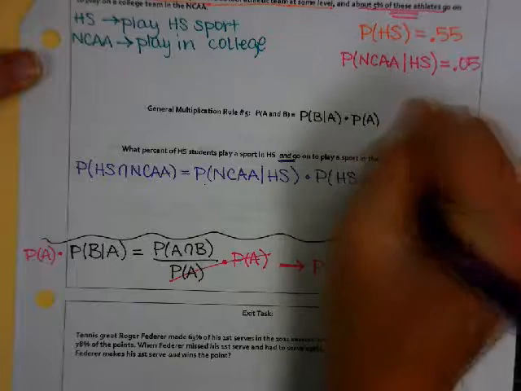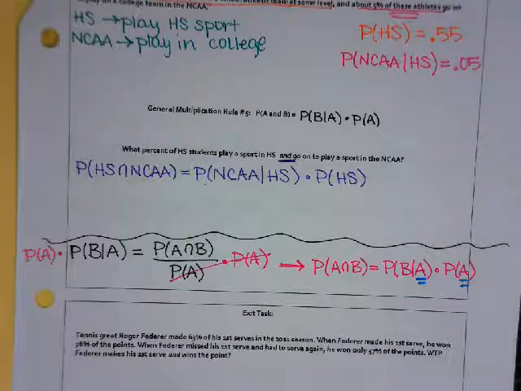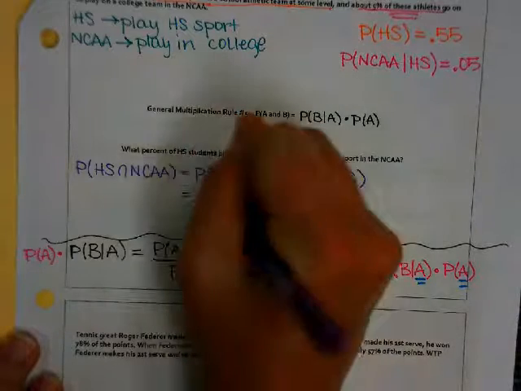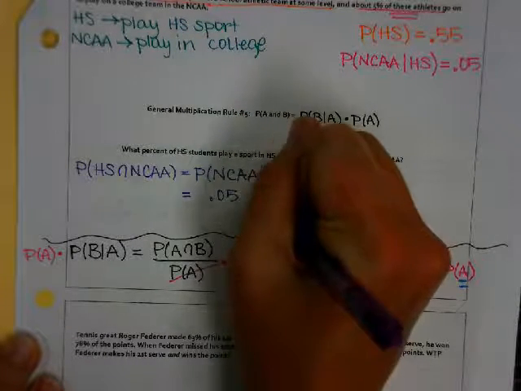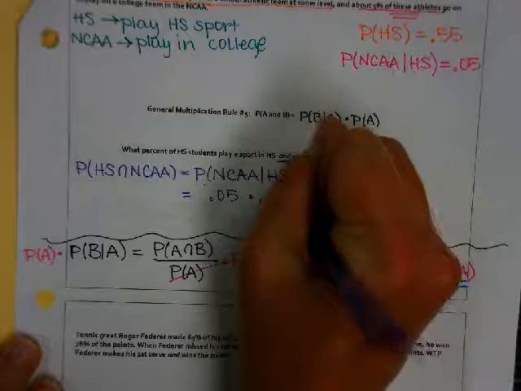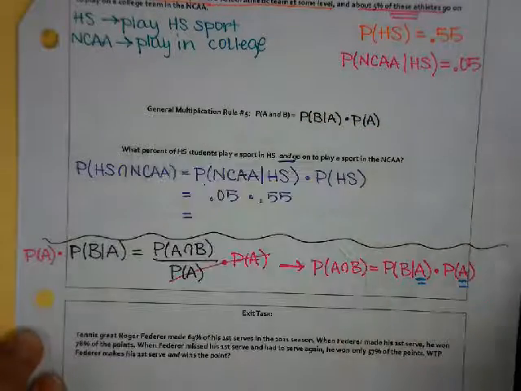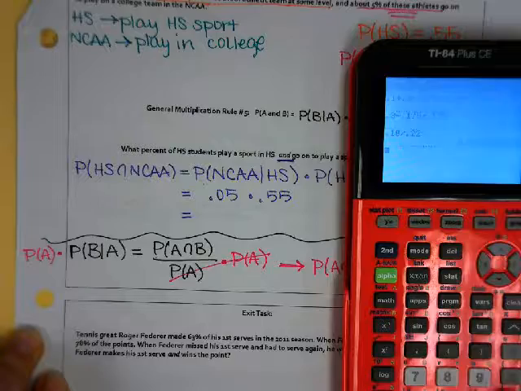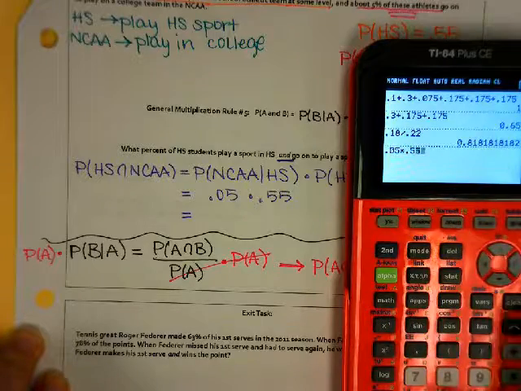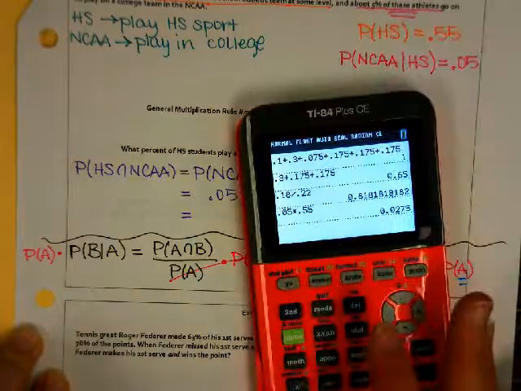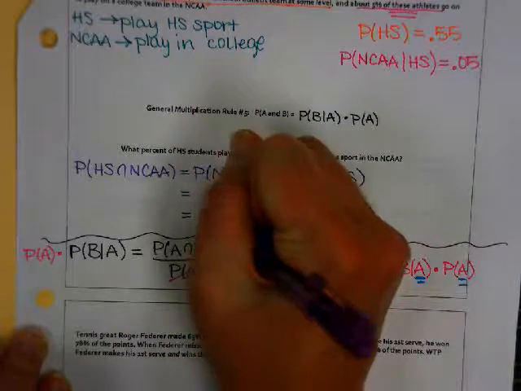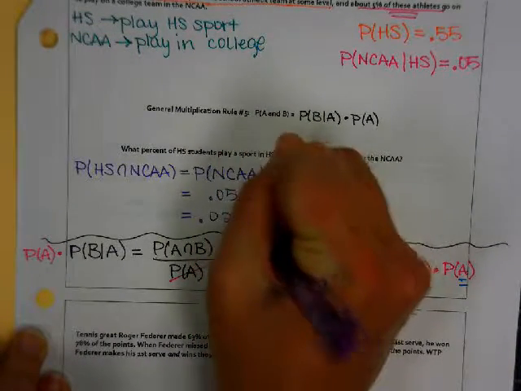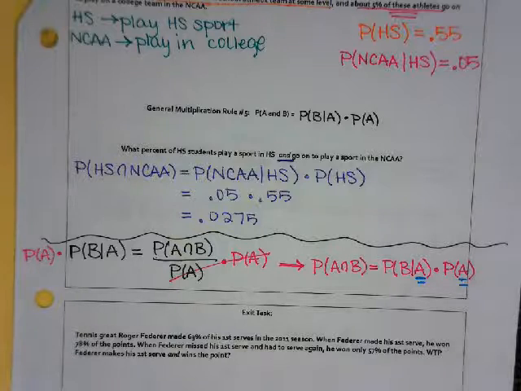So we end up with 0.05 times 0.55. Which is 0.0275. Questions?